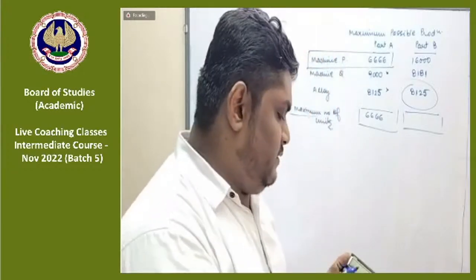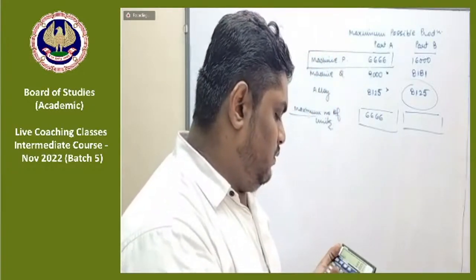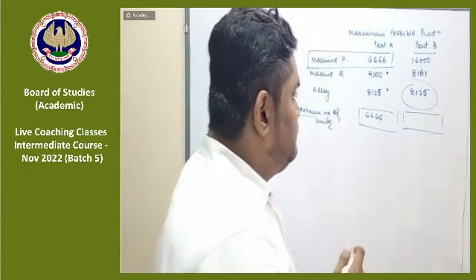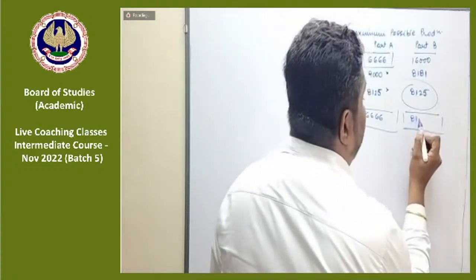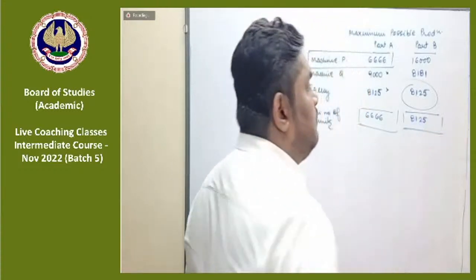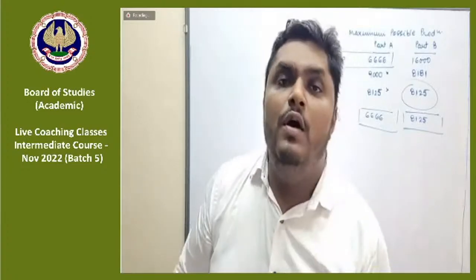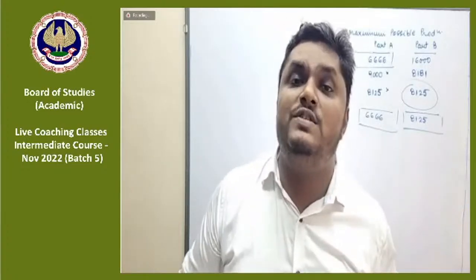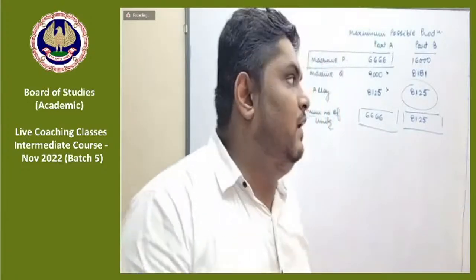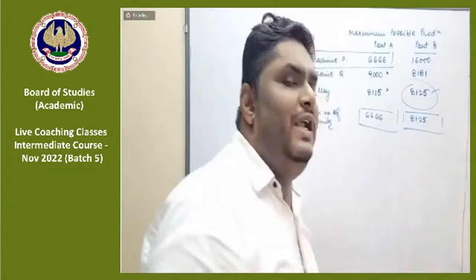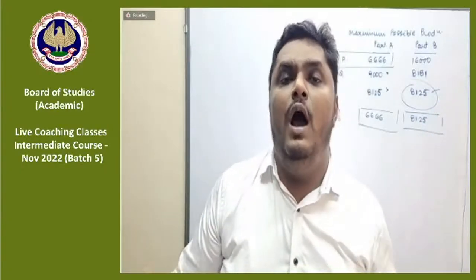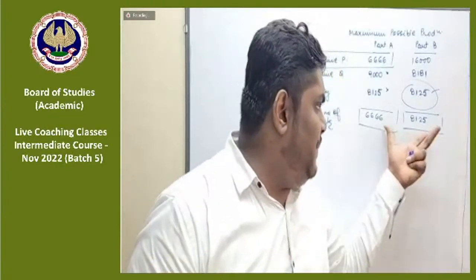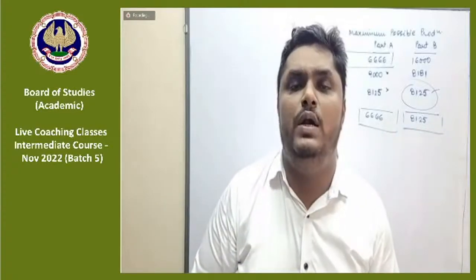Very simple, guys. 8,125. Even though we have sufficient machine hours, when talking about the raw material, only 8,125 units can be manufactured. So the maximum permissible production is 8,125.